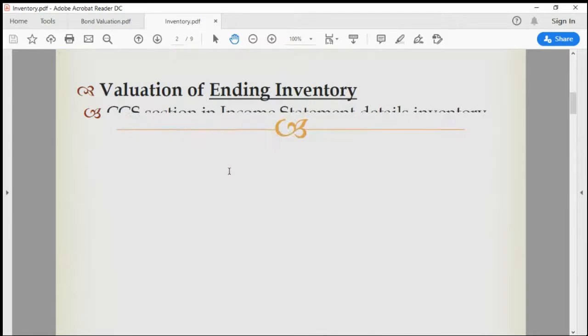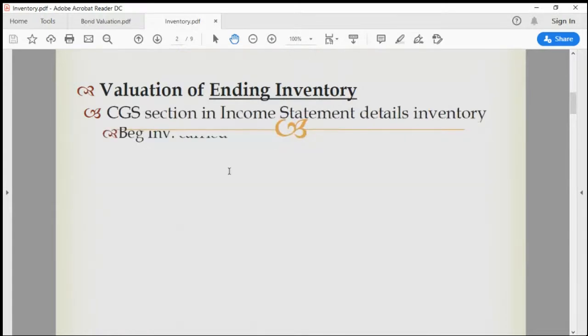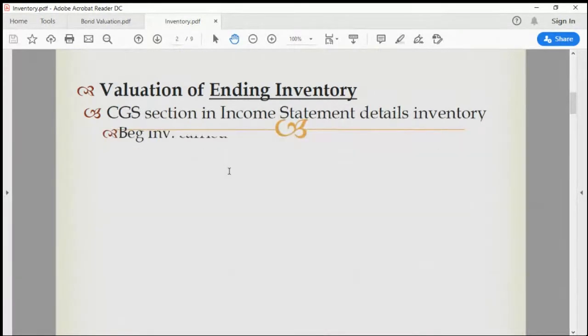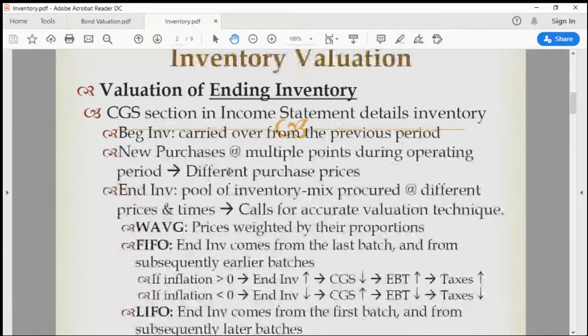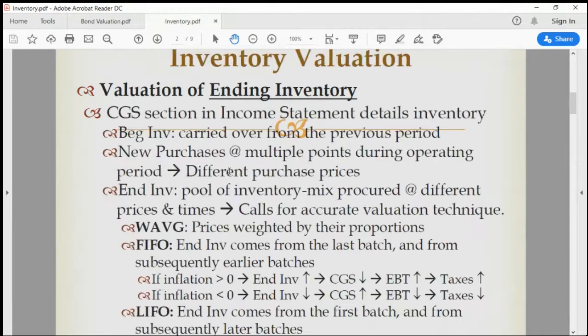You saw before that's how the income statement is constructed. That's the structure of the income statement. But although that is the structure of the CGS section, I told you it's not exactly in chronological order.